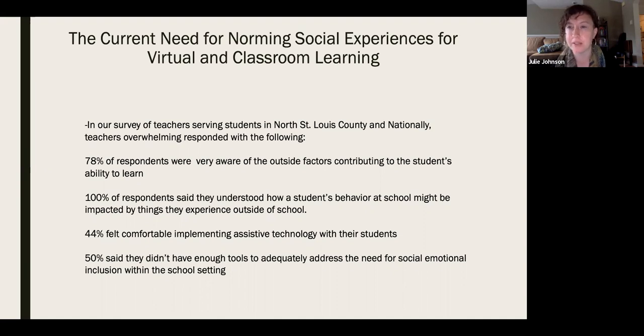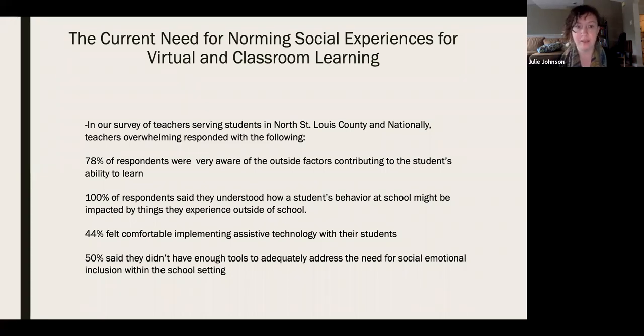With different brains and different bodies, and how can we do that? So here's what they said. 78% of respondents were very aware of the outside factors contributing to the students' abilities to learn. So that's good news. That means there's awareness in many of the teachers we work with, and even the ones that we have contact with on a national level, know that students learn differently. Great, that's awesome.